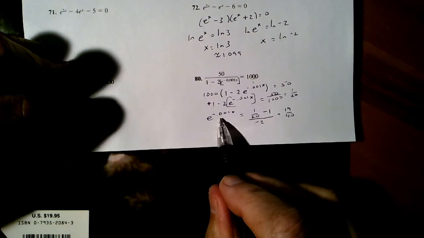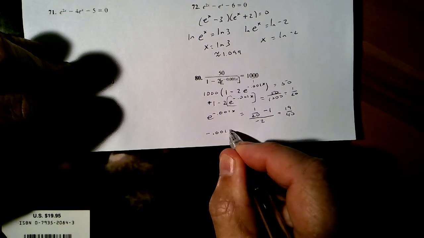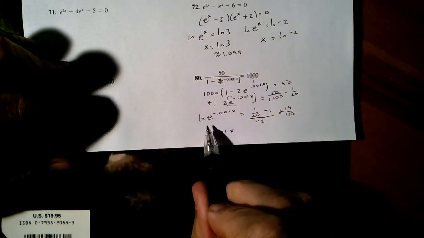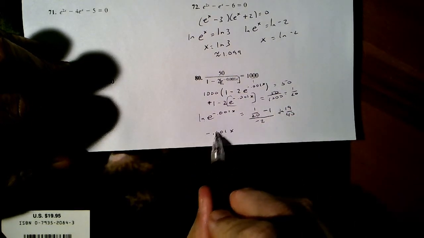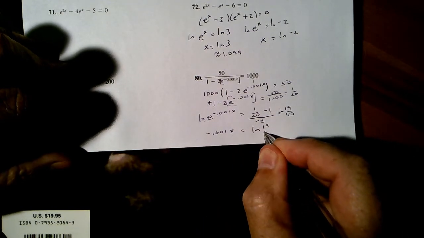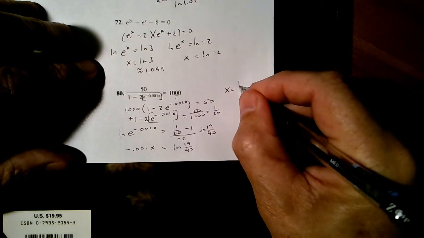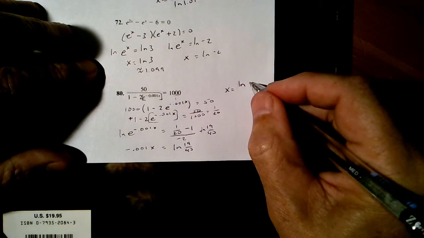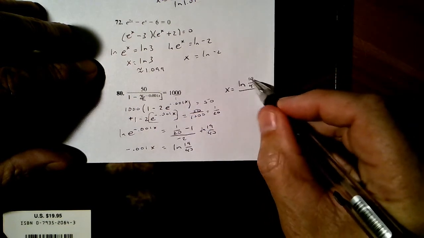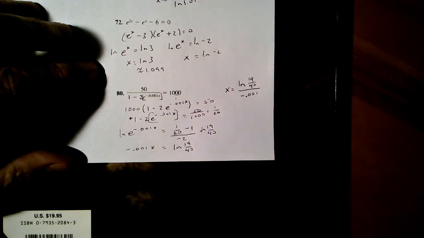So now if I take ln on both sides, I get negative 0.001x ln e, which is 1, equals ln 19 on 40. So x equals ln 19 on 40, all of it, not just the number here, all of the ln divided by negative 0.001.